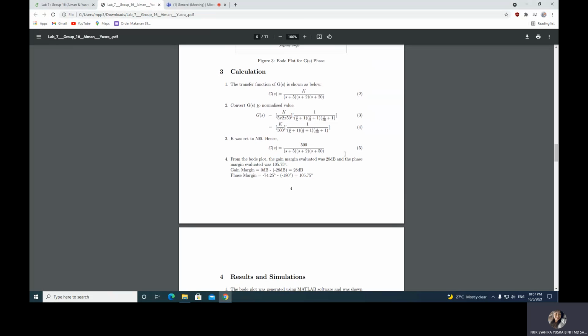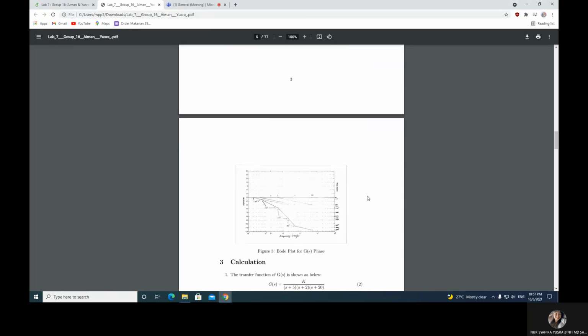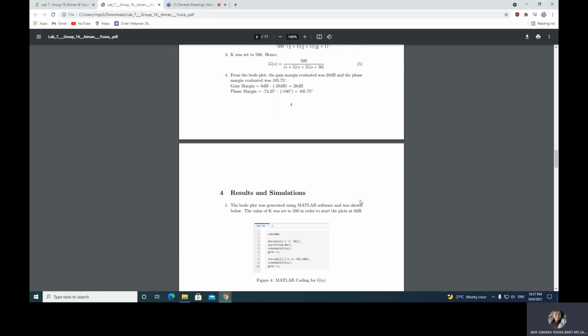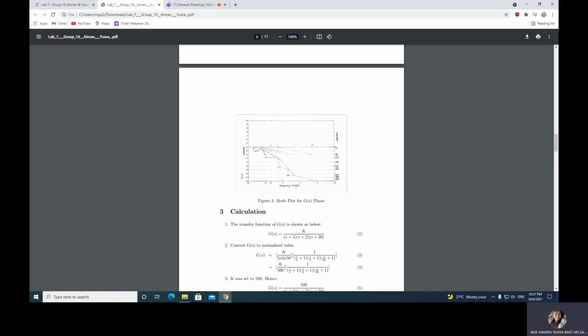And from the Bode plot that we've drawn here, we evaluated the gain margin as 28 dB and the phase margin as 105.75 degrees.